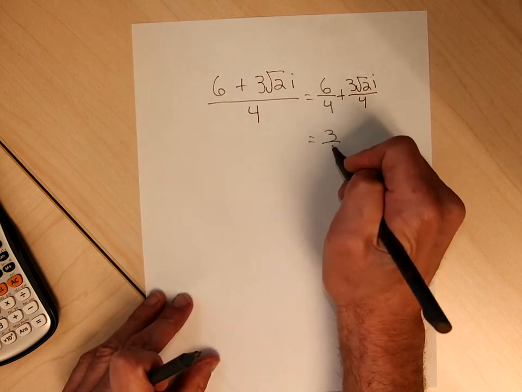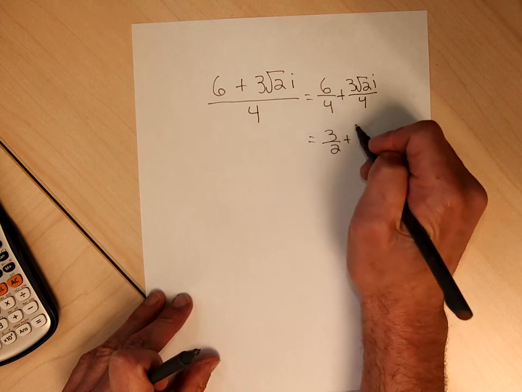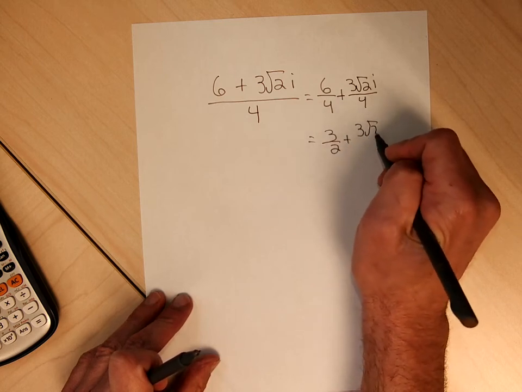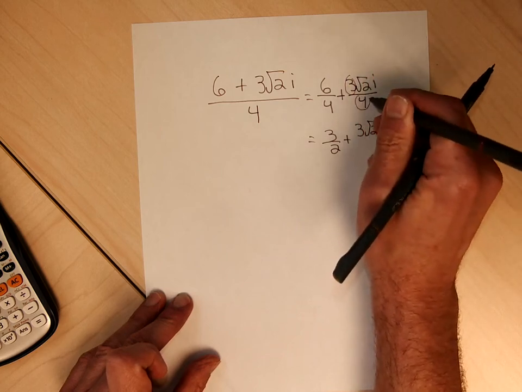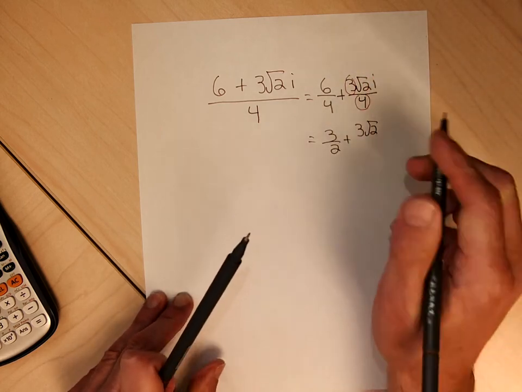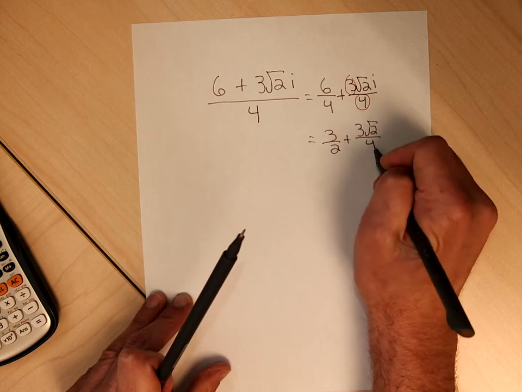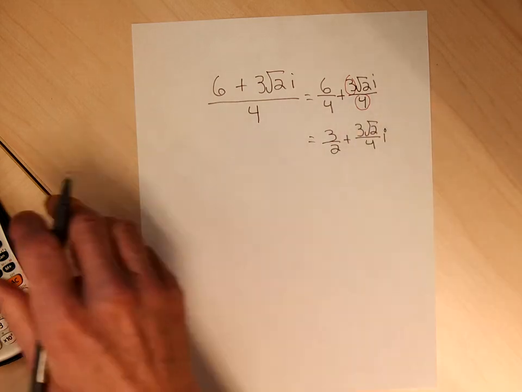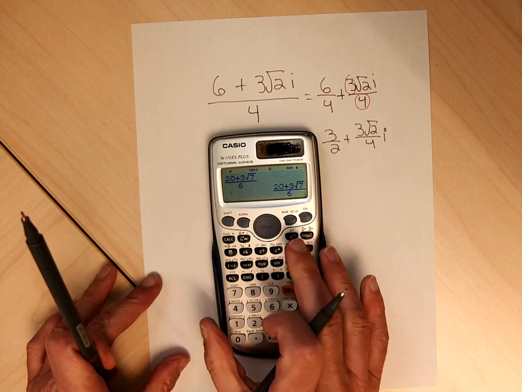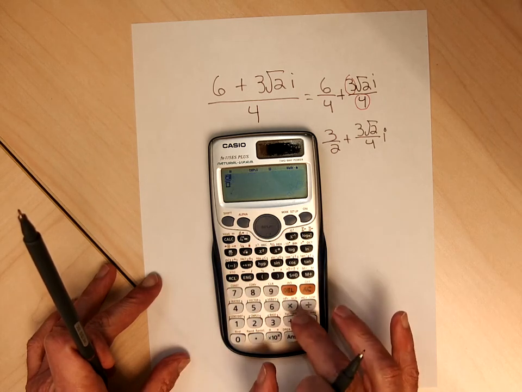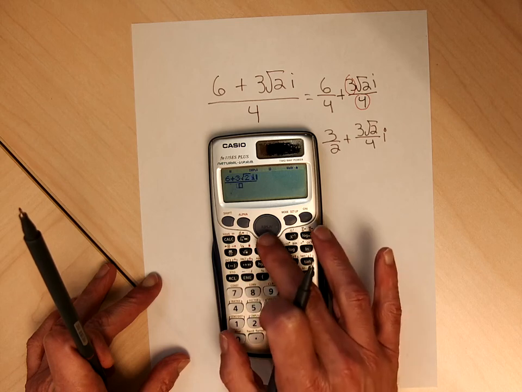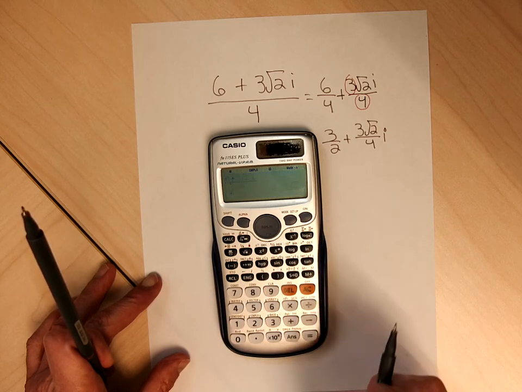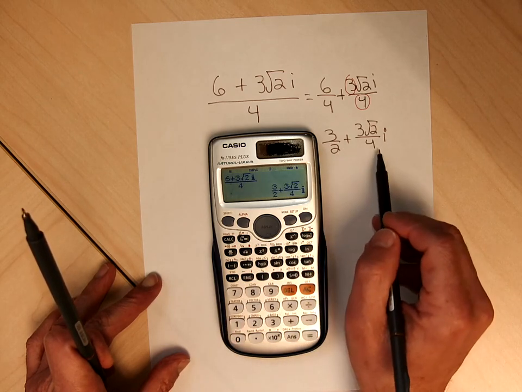First fraction reduces to 3/2. Second fraction doesn't reduce because the 3 doesn't go into the 4. I can't divide something outside a radical by something under a radical, but I can drag the i off to the right. If I entered this on my calculator, fraction 6 plus 3 square root of 2 times i over 4, you'll see that it reduces exactly like I have that reduction.